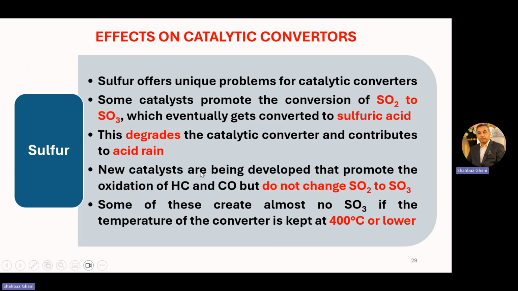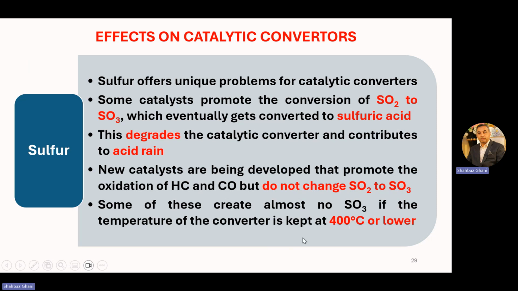So new catalysts are being developed that promote the oxidation of hydrocarbons and carbon monoxide, but do not change sulfur dioxide to sulfur trioxide. Some of these create almost no sulfur trioxide if the temperature of the converter is kept at 400 degrees C or lower.